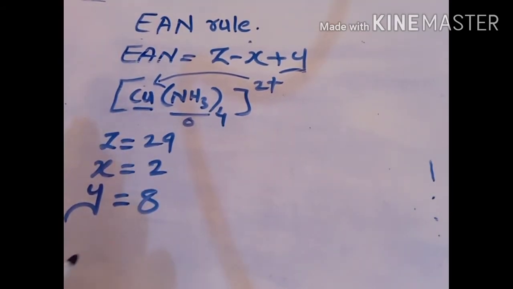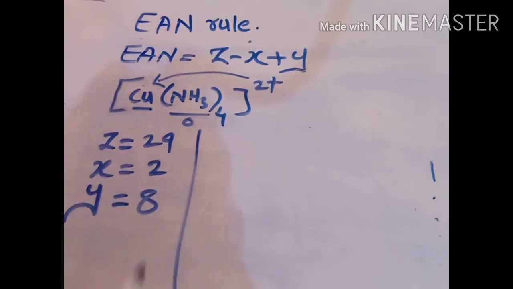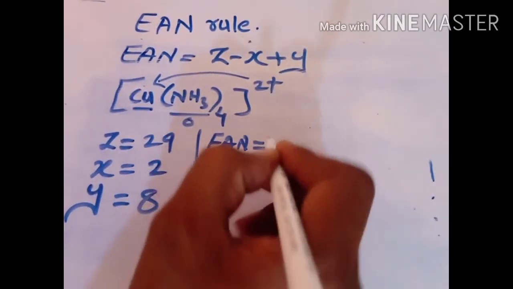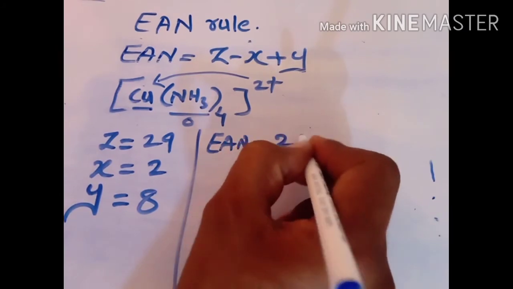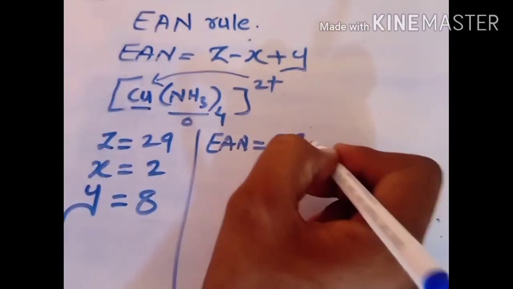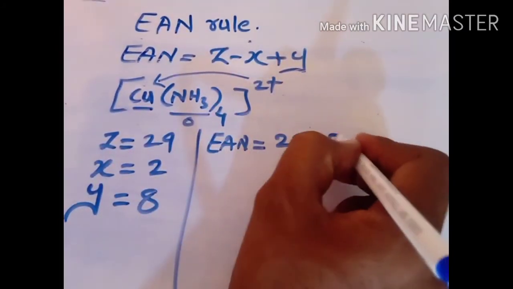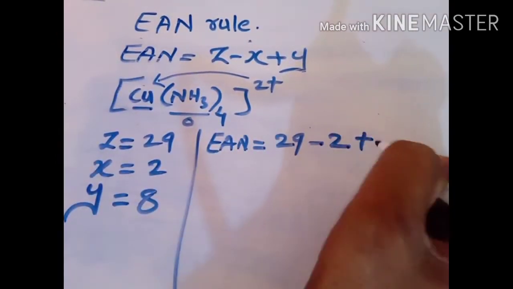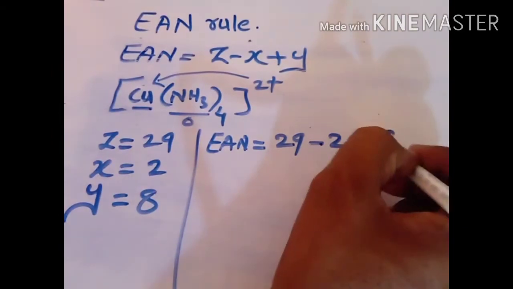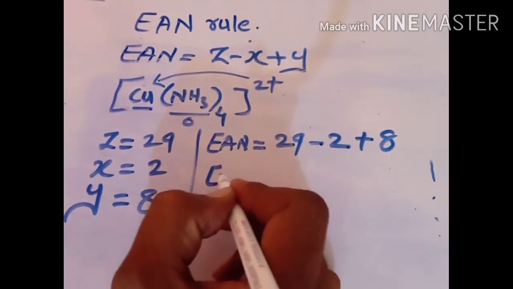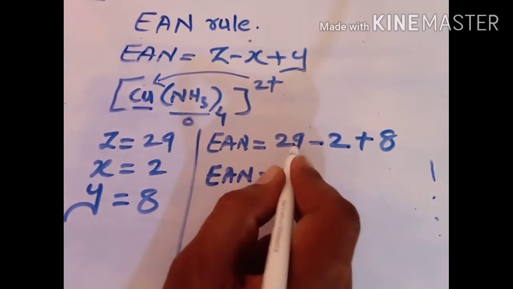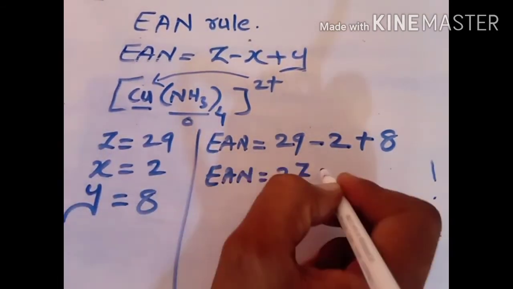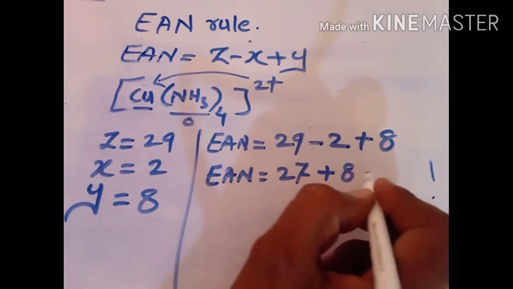That gives the total number of electrons, or the value of Y. Remember this. Now put the values in the formula: EAN, the effective atomic number, is equal to Z, that is 29, minus X, that is 2, plus Y, that is 8. So EAN will be 29 minus 2, equal to 27, plus 8.